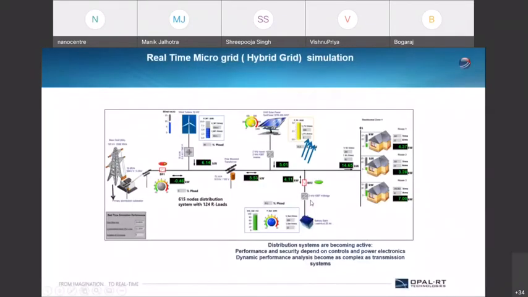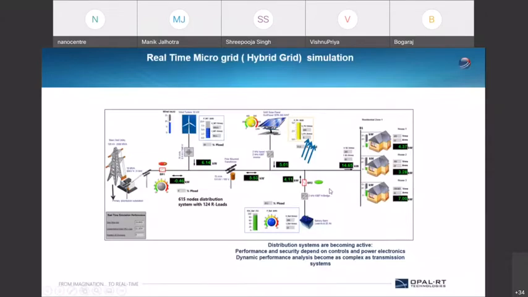In another case, real-time microgrid simulation, which is kind of an interesting study also, the entire microgrid model is shown in this figure. There was a grid, and then we had a wind turbine system connected to the grid. Apart from wind turbines, we had solar and batteries also.